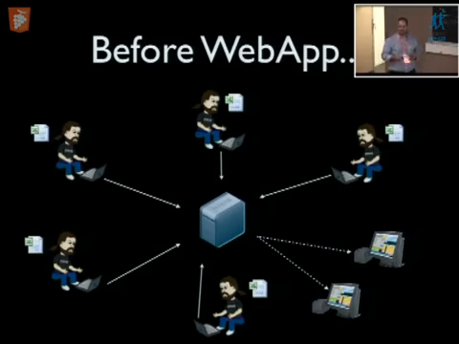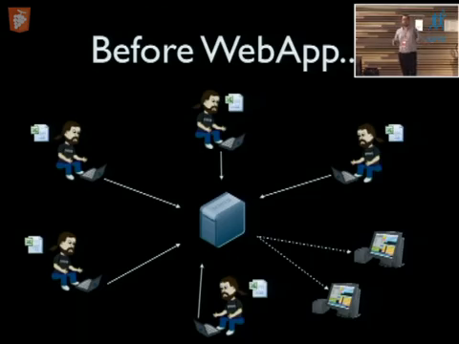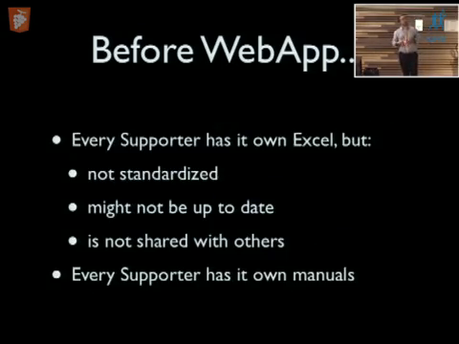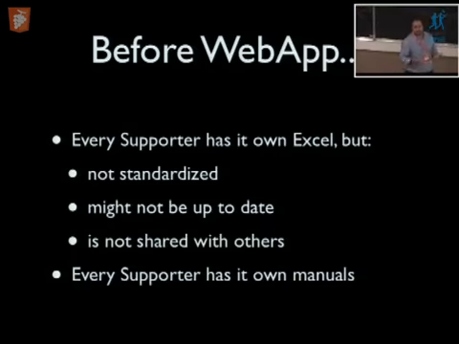This is how they work. Every supporter connects to the servers, and then the servers connect to the POS to do all the tasks for every day or ad hoc requests. So every supporter has their own Excel. It's not standardized, it might not be up to date, this is important, and it's not shared with others.